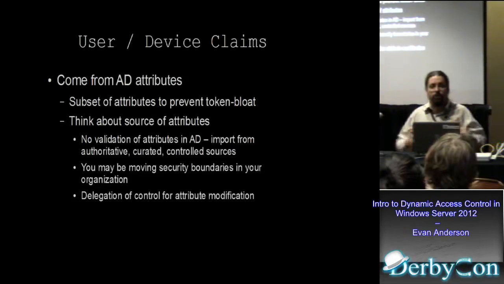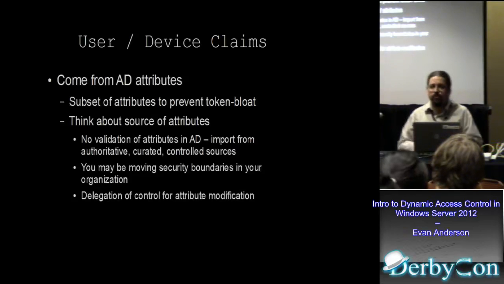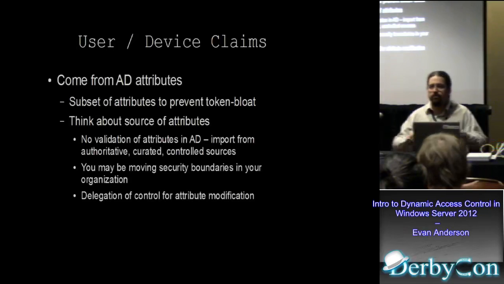So claims are going to be the first thing that you create when you're putting DAC together, because these are what you're going to measure. Claims come from AD attributes, and you define what AD attributes you're going to use in claims. It's not the case where all your attributes in AD are just available as claims automatically.